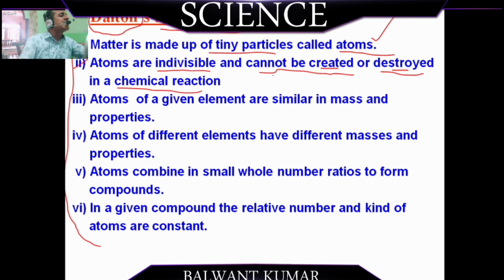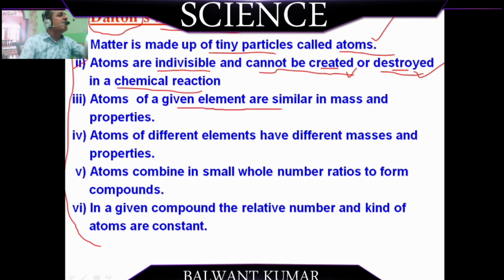So you can say this is the second postulate, in which Dalton stated that atoms cannot be created or destroyed in a chemical reaction. You just can't create any atom artificially, or destroy any atom artificially. In a chemical reaction, the masses of the reactants and the products before and after the reaction always remain the same, which is stated in the law of conservation of mass.